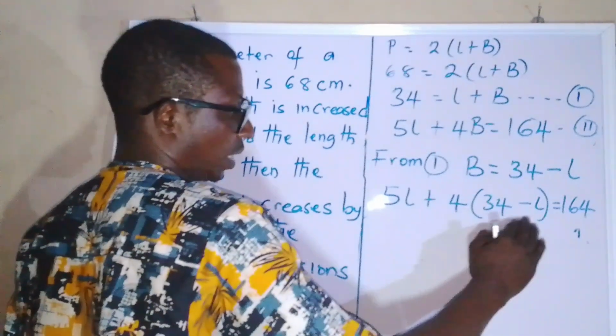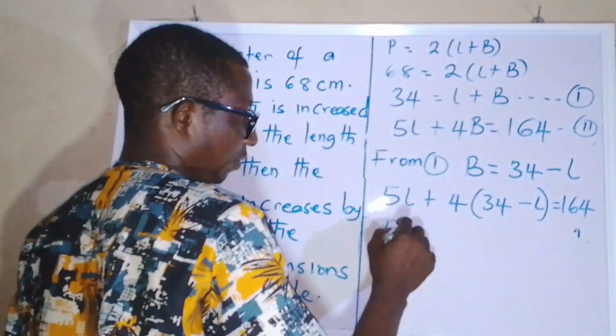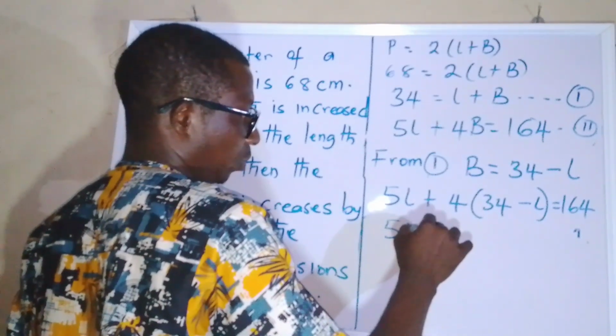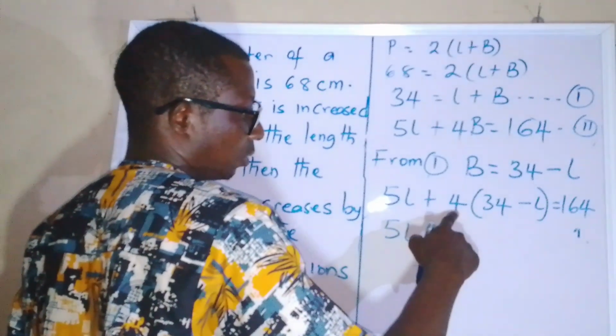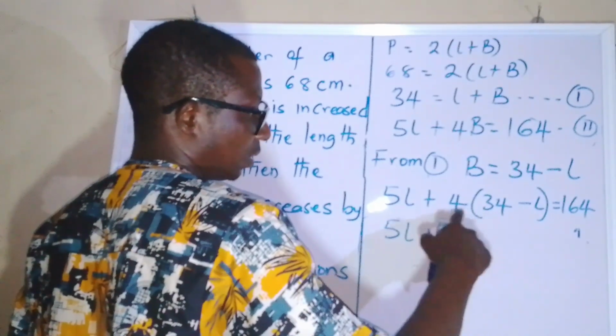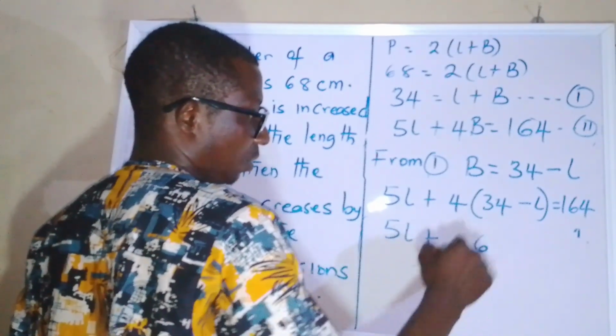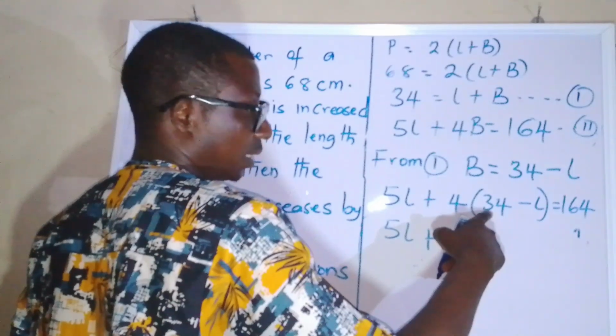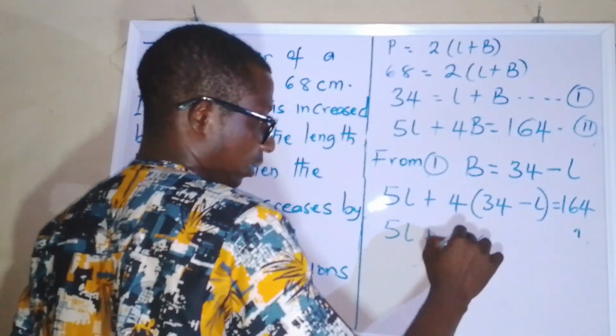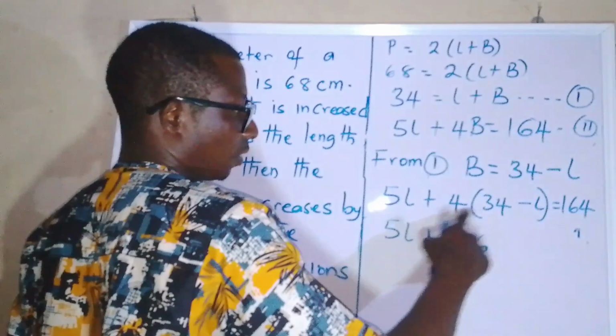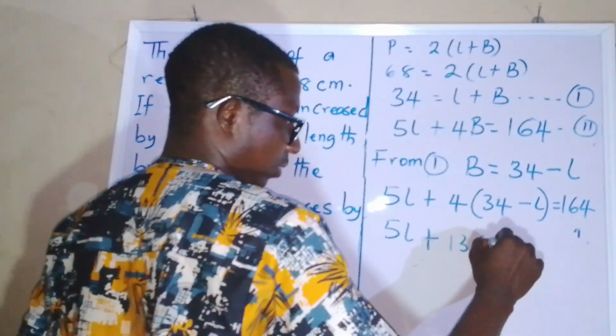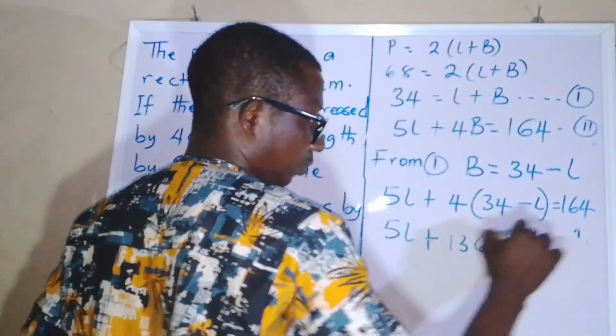So we open this bracket now. So we have 5L plus, now use this to multiply this. 4 times 4, 16, you write 6. 4 times 3, that's 12, plus 1, 13. So that's 136. 4 times minus L, that's minus 4L.